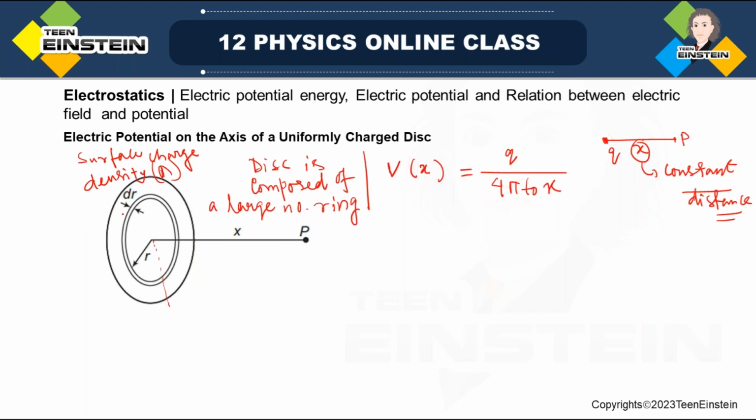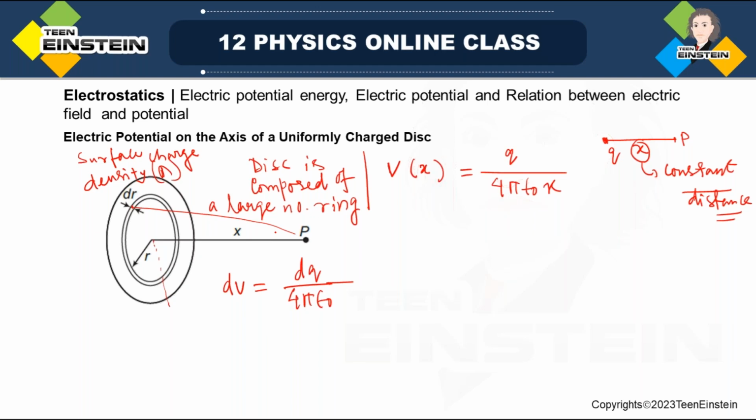The electric potential for this elemental ring is dV, which is given by the charge held in the ring, dq, divided by 4 pi epsilon naught r. If I just consider this ring, it is actually in the vertical plane.